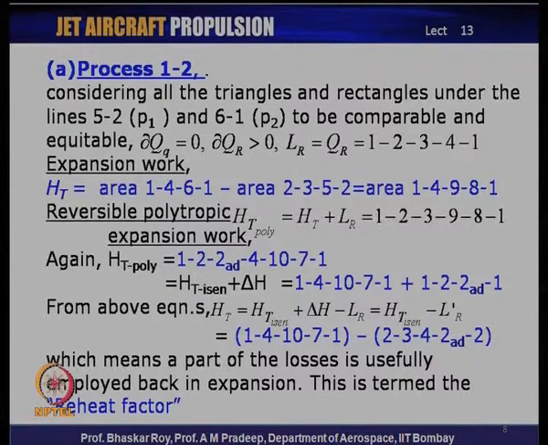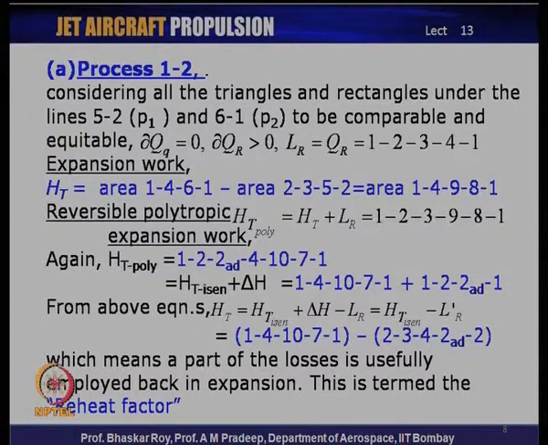So, from the above relations and the rectangles and triangles that we have considered, we can write that H T, the work that is extracted, is H T isentropic plus delta H minus the losses.